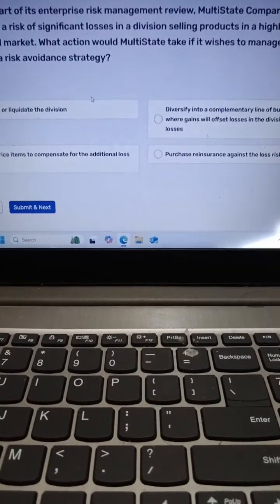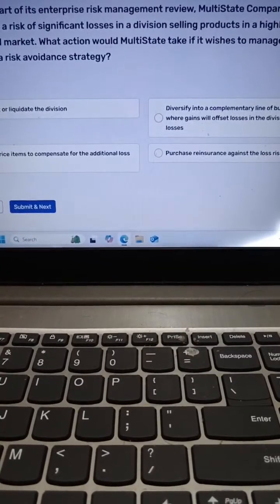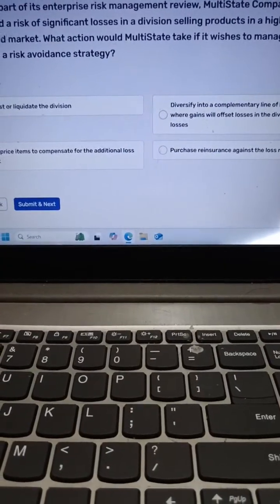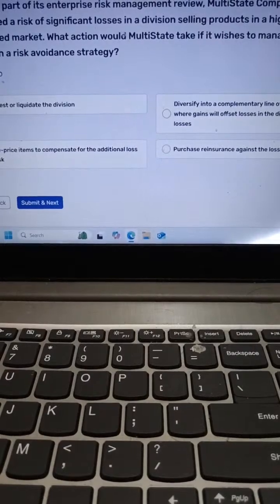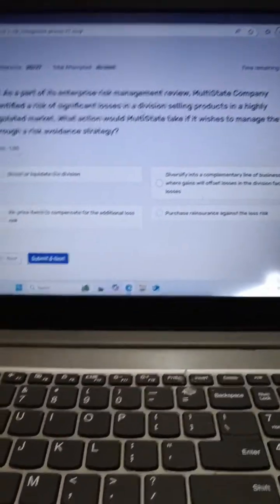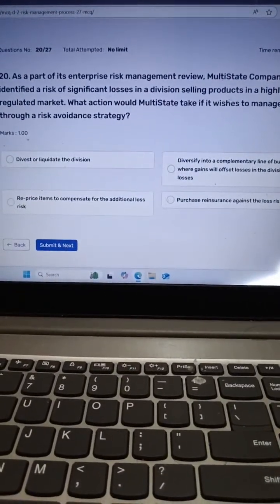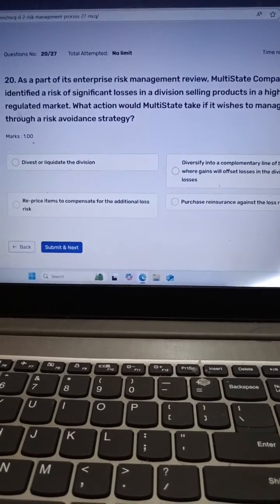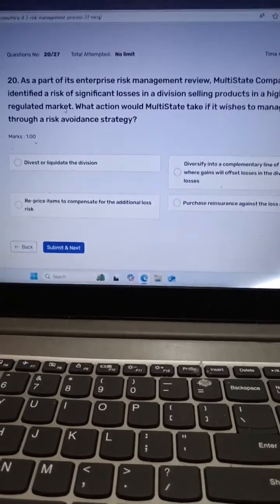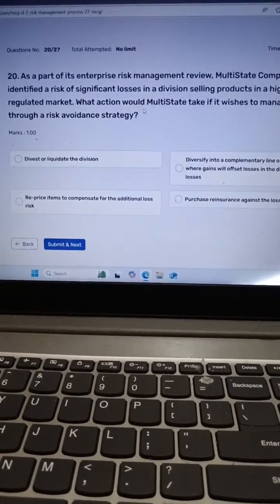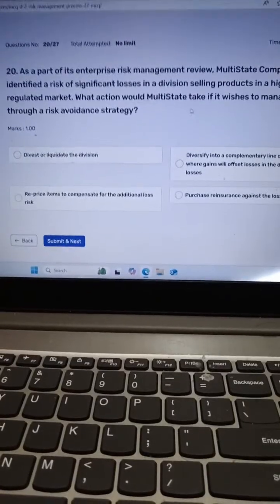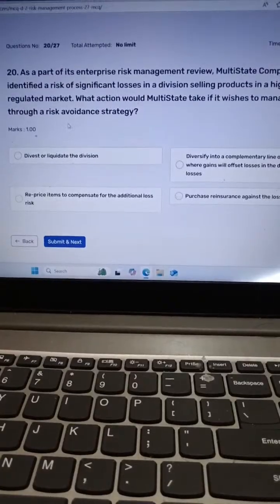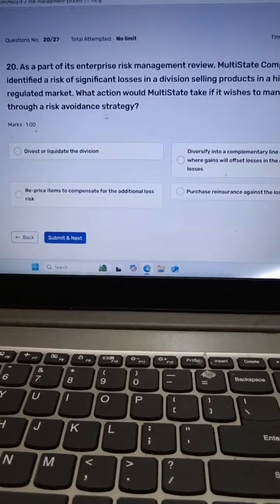Now we are in question number 20. As part of the enterprise risk management review, Multi-State company identifies significant losses in a division selling product in a highly regulated market. What action would Multi-State take if it wishes to manage the risks through a risk avoidance strategy?